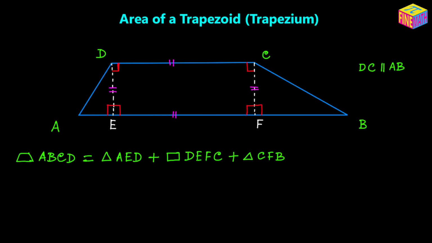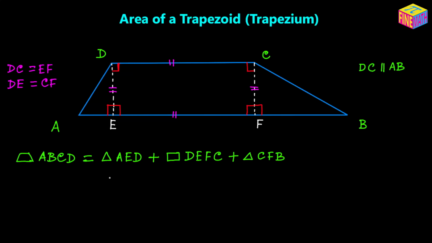Now from the diagram, let's make a quick note here that since DEFC has been proven to be a rectangle, DC is equal to EF, and similarly DE is equal to CF. So now let's proceed with the calculation of the areas of these three shapes.